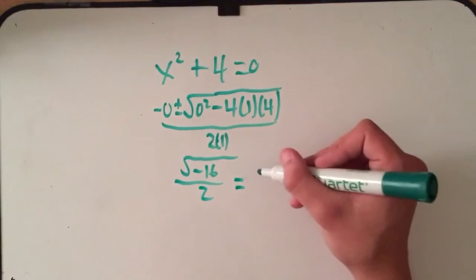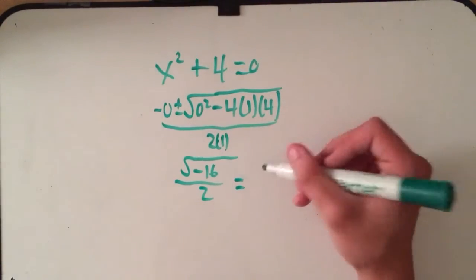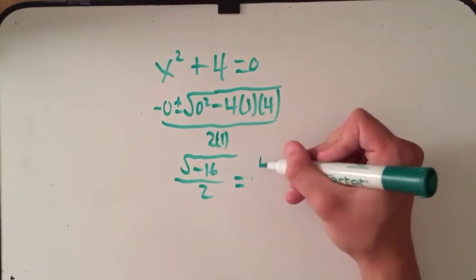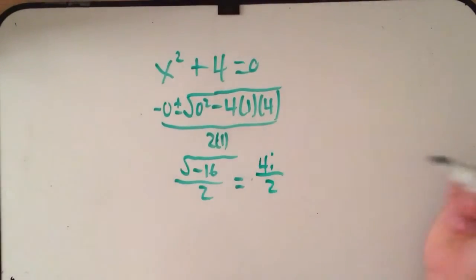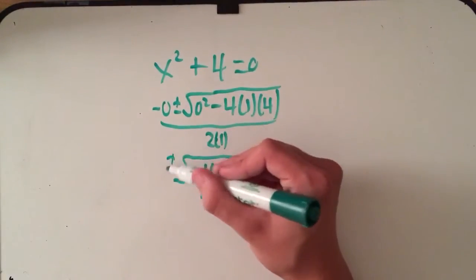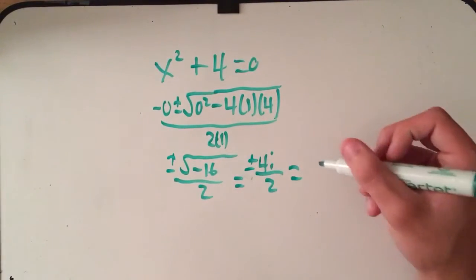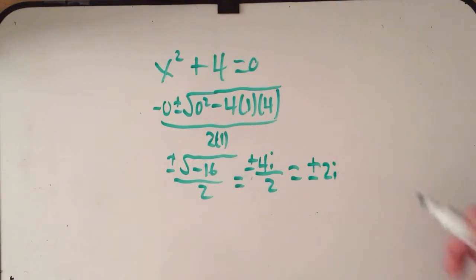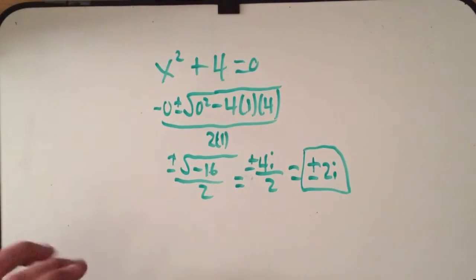And that'll get us 4i over 2, or plus or minus, got to keep that plus or minus sign there, my apologies, plus or minus 2i. So kind of cool, that saved you a little bit of time instead of doing this whole quadratic formula to solve that answer. Just a little bit of a time saving there.